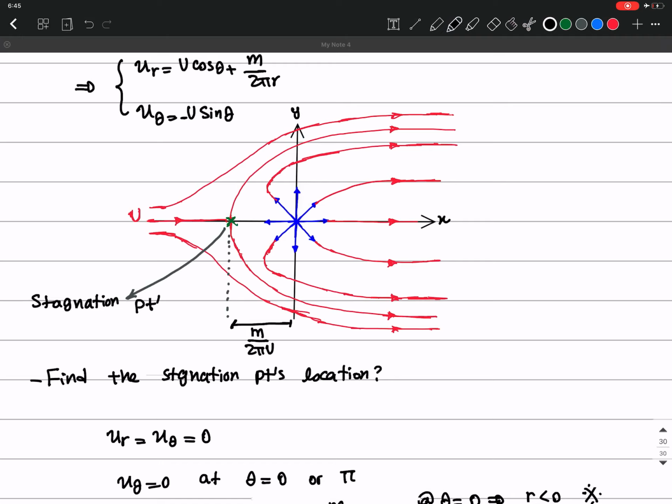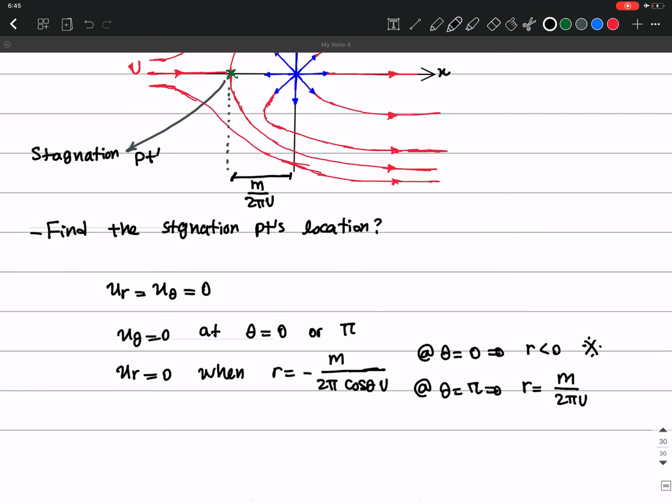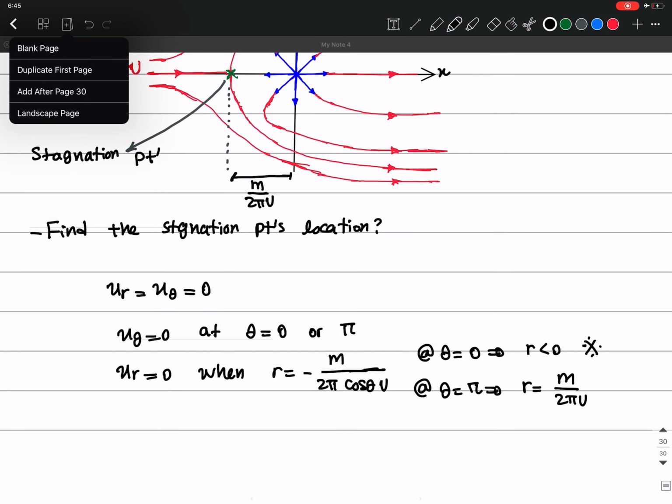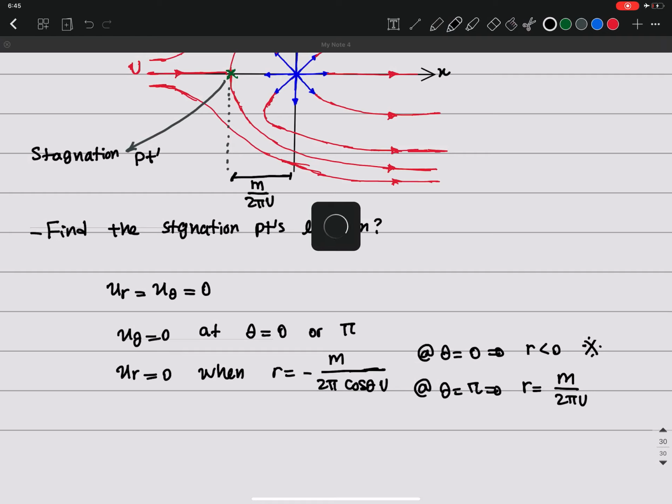So now let's look at another thing. I want to find the shape of the body or a streamline in the flow. I want to find a formula for these streamlines that I drew. So let's see how they will look.